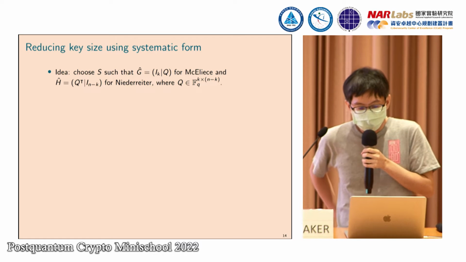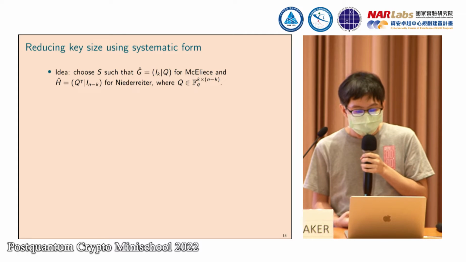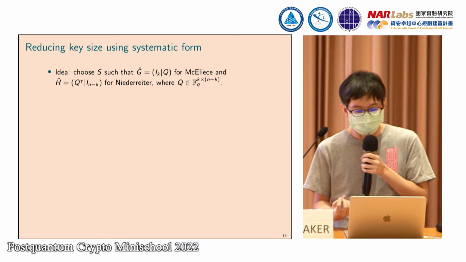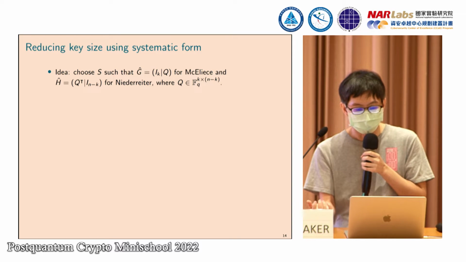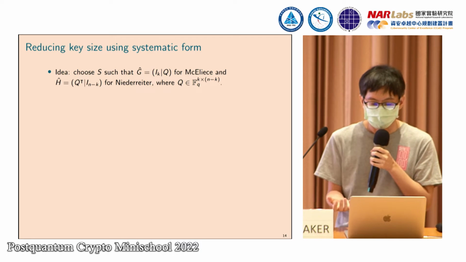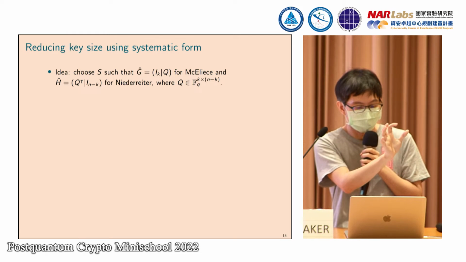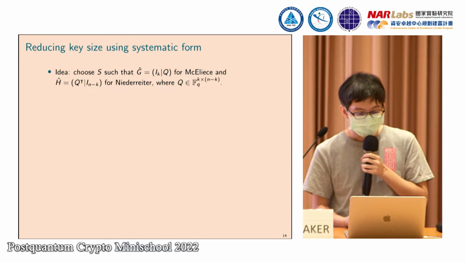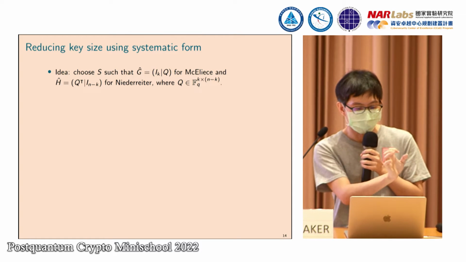Now we can talk about some more practical issues, like how to reduce the key size. A very standard way to reduce the key size is to use the systematic form of the parity check matrix or the generator matrix. What I mean by systematic form is that, for example, if you have the identity matrix of dimension k times k on the left in the generator matrix, then we call this a generator matrix in systematic form.